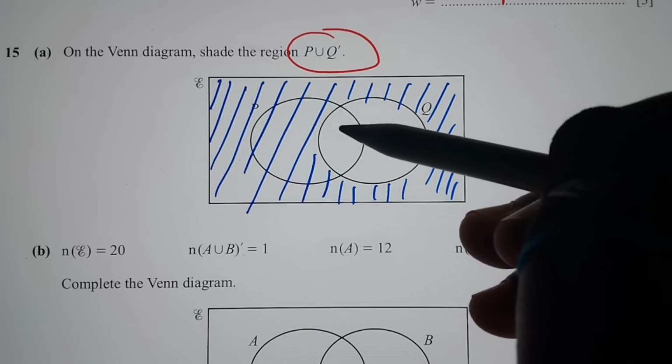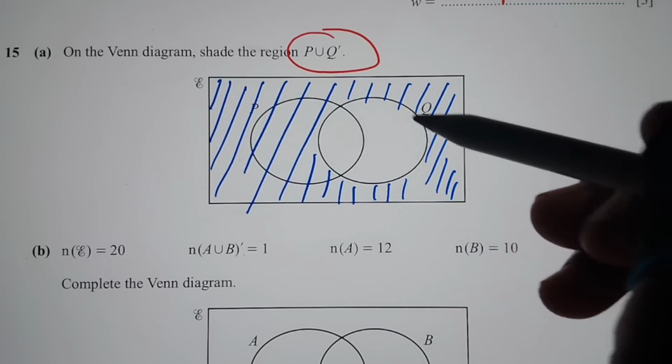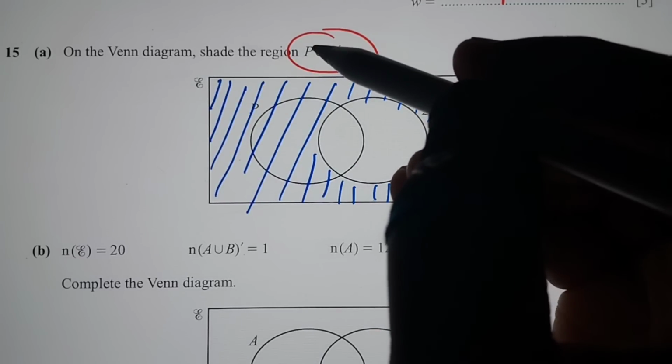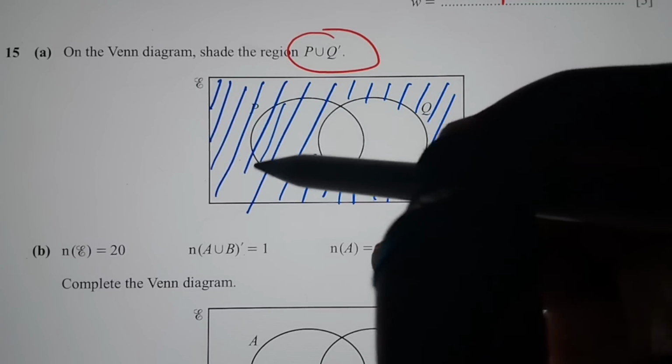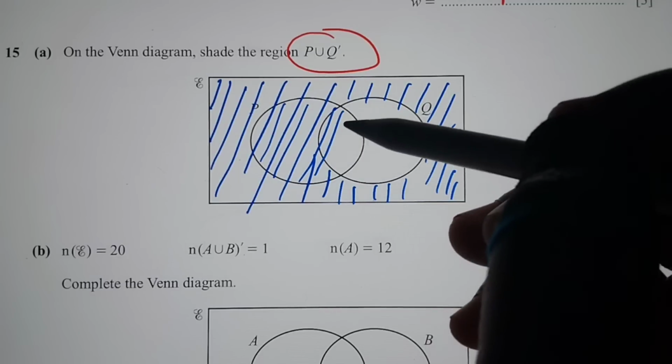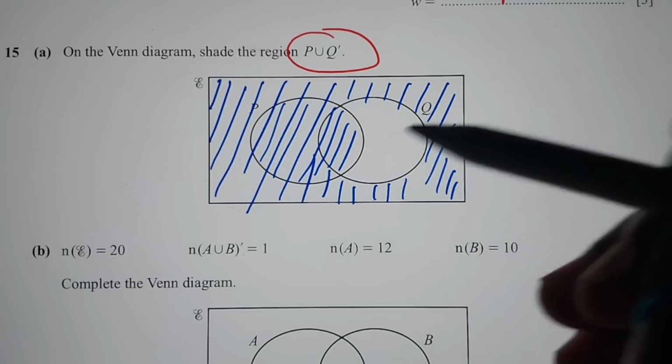That's all of the box. You notice that I did not shade here because it is still part of Q. But because it is in union with P, I now have to shade all of P with it, which now includes that region. And that is your final shading.